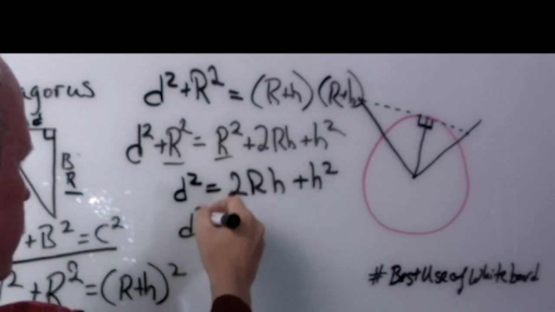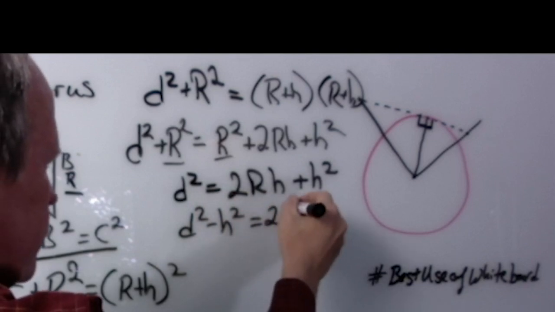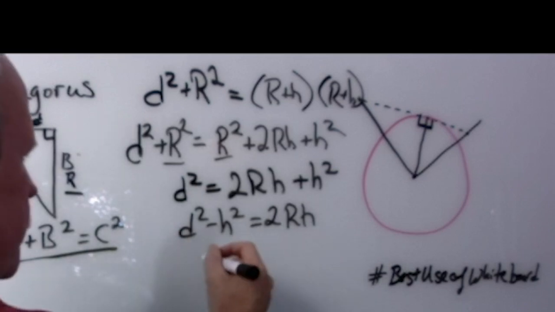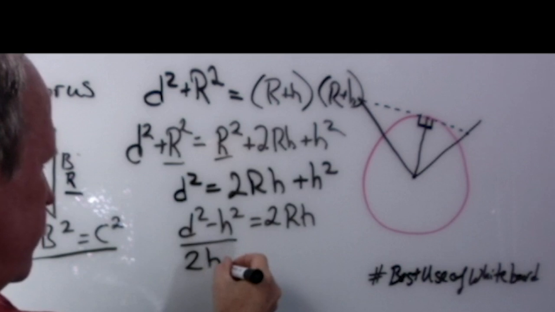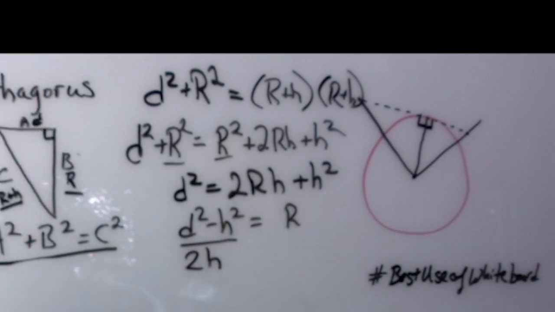D squared minus H squared equals 2RH. Now all we have to do is divide that by 2H. That drops out to R equals (D squared minus H squared) over 2H. So, if we know the distance and we know H, we can find R. So let's go ahead and give this a test.